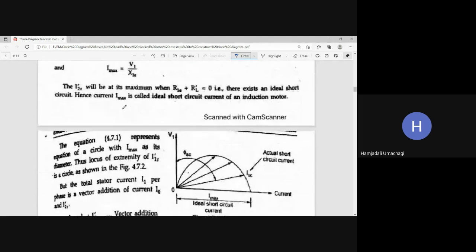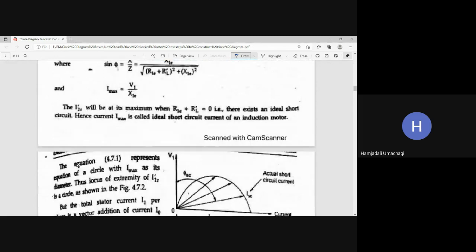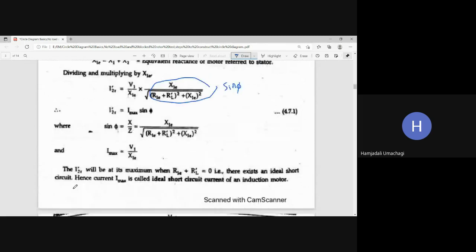Equation 4.7.1, the current equation, represents the equation of a circle with Imax as diameter, where Imax is equal to V1 by X1E.